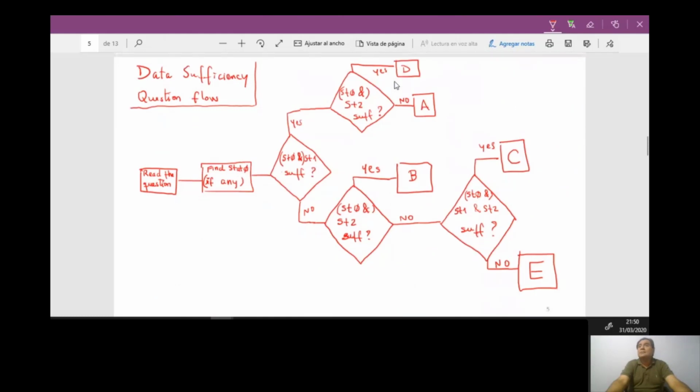Let's move on to this diagram here. Let's identify some terms here, okay? What do I mean in this diagram with statement 0, or ST0? This means statement 0. Is there a statement 0 in the data sufficiency structure?